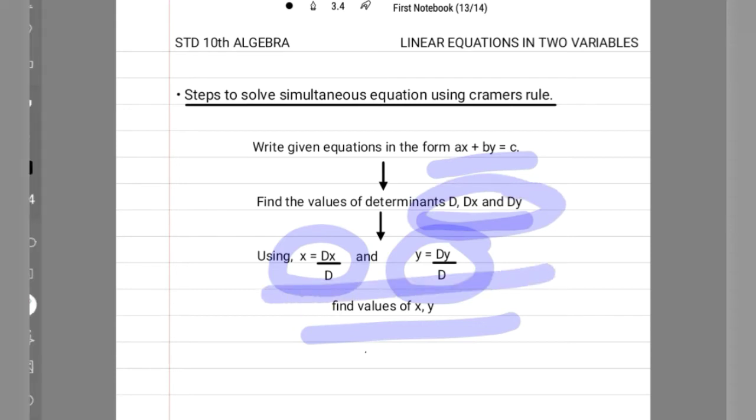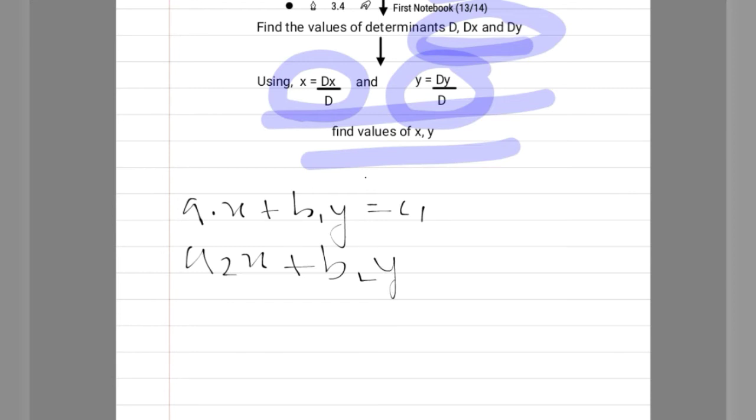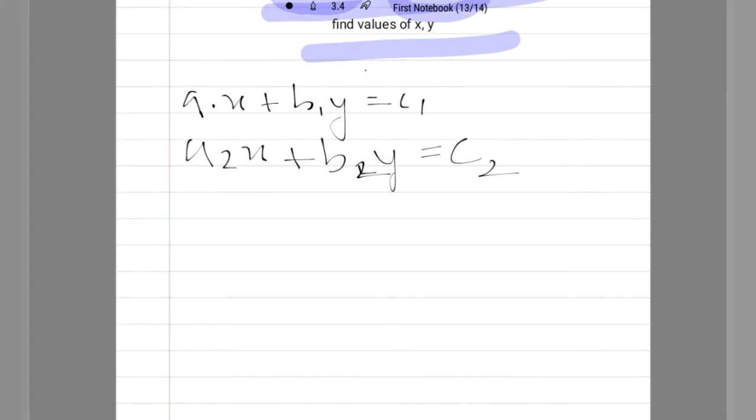Okay, now how to form these determinants? Suppose we have two equations, that is a1x plus b1y is equal to c1 and a2x plus b2y is equal to c2. How will you write the determinant d? That is d is equal to determinant.